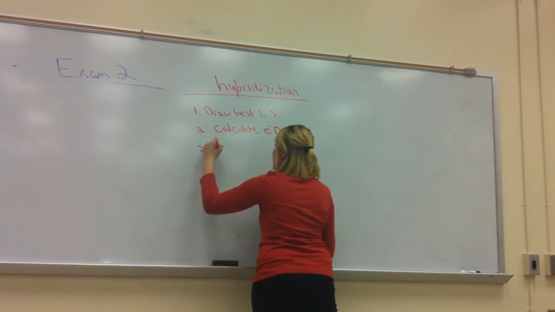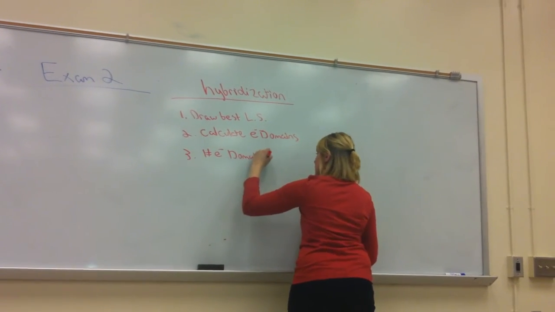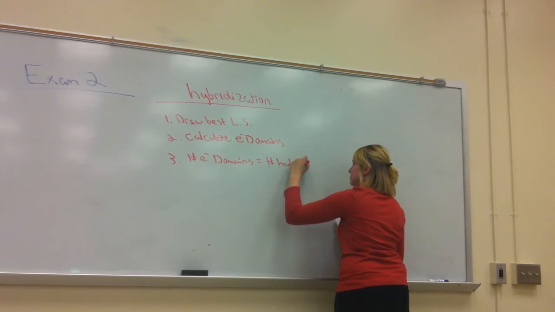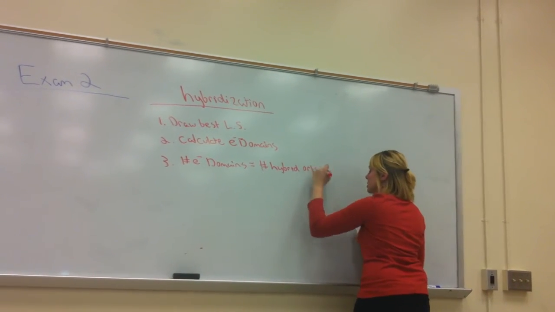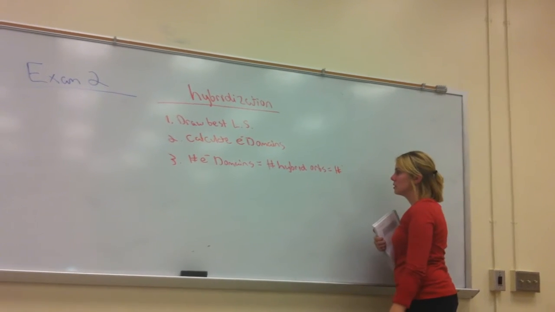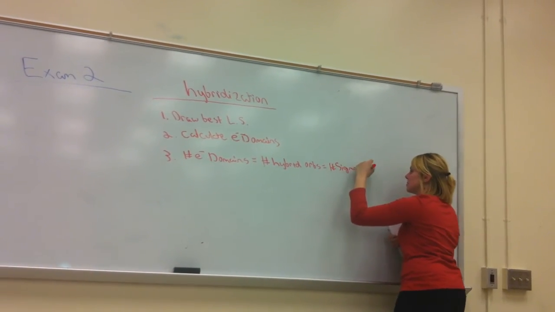Step 3, remember that your number of electron domains equals your number of hybrid orbitals, which equals your number of sigma bonds plus lone pair electrons. Been a long time for me too, guys.